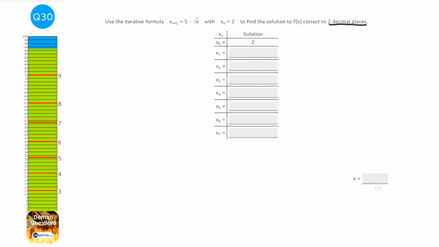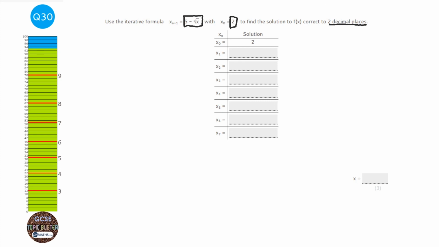So the formula is given here, and this is the only bit we need here, as well as this bit, the starting number. And in my calculator, I'm going to type in 5 minus, well, actually, no, I'm not. I'm going to press 2 and then equals. And the reason for that is it tells my calculator to use 2 if I use the answer button.